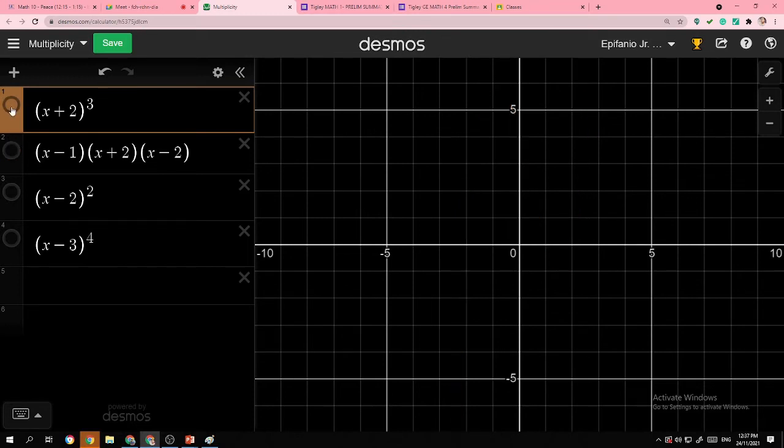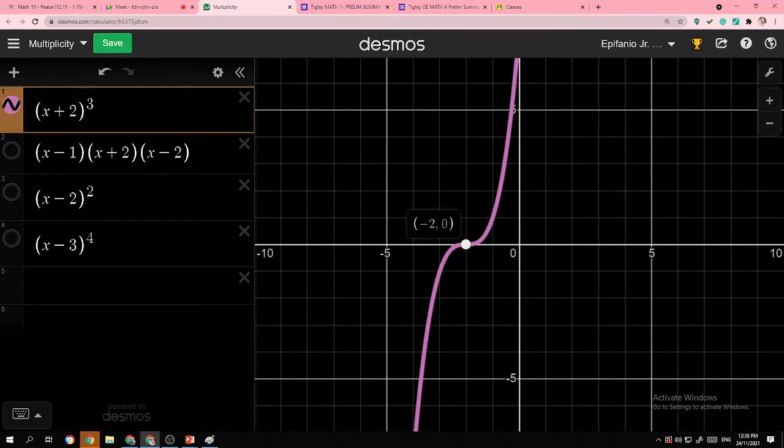If I go back to number 1, what is the root of number 1? If I go to the graph, what point is this? Isn't this negative 2 on the x-axis? Am I correct? Yes. So the root is the part of the graph that we see on the x-axis. Yes, it is.